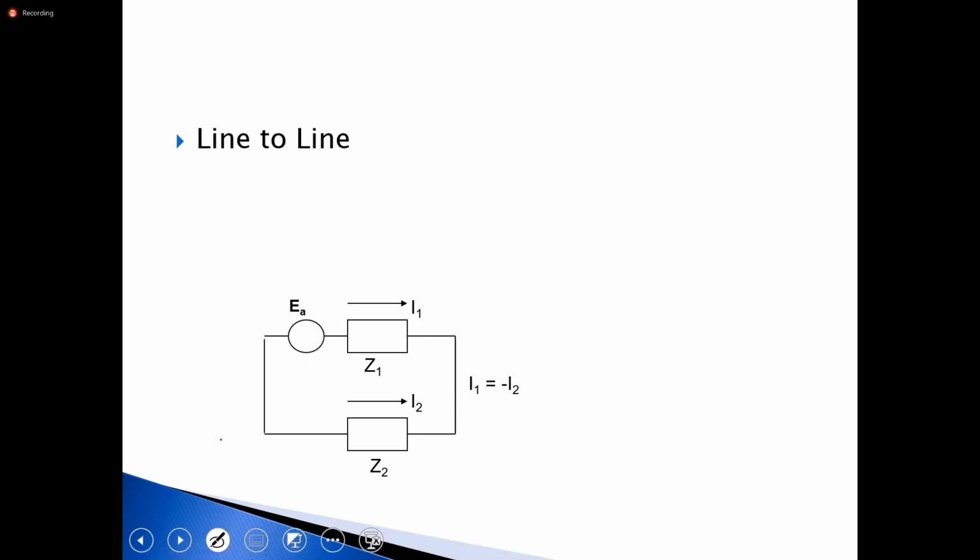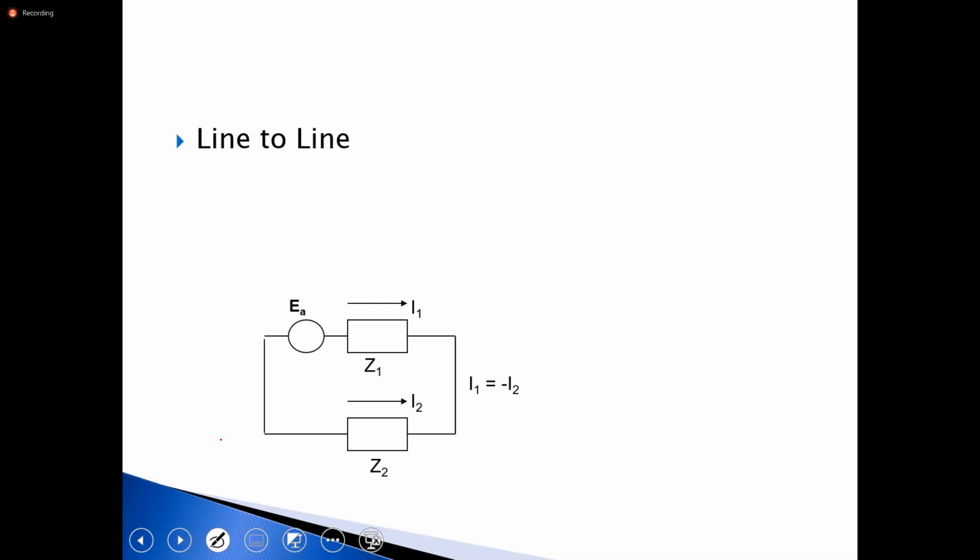So let's try and concretize a few things. I'm just going to give you the steps that will be applied for fault analysis. Let us write the steps, and then we look at a problem or two, and try to get a good understanding of what we're dealing with today.